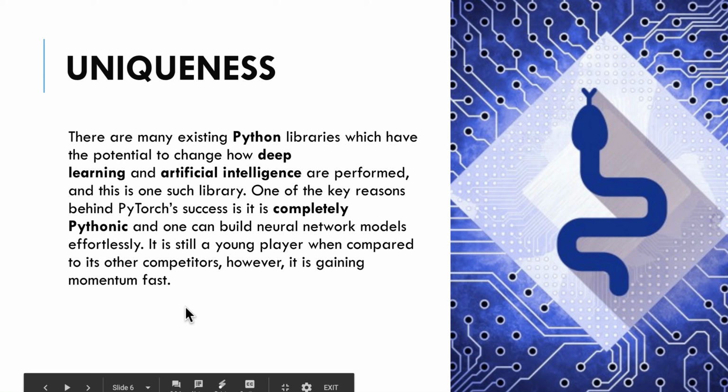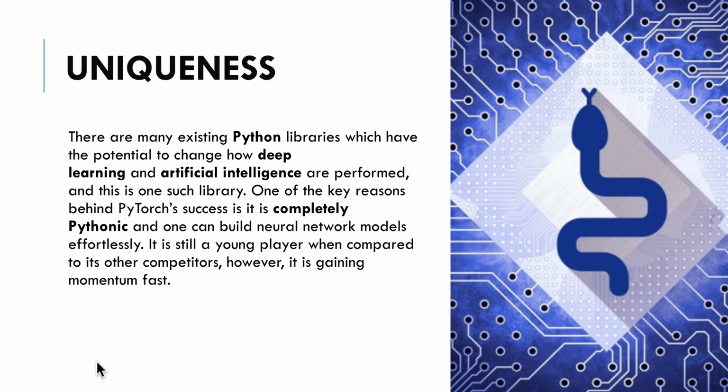Now, there are many existing Python libraries which have the potential to change how deep learning and artificial intelligence are performed, and this is one such library. And one of the key reasons that makes it so special is that it's completely Pythonic and you can build your neural network models quite effortlessly. And sometimes if you're not interested in tweaking the parameters and things like that, that's exactly what you need.